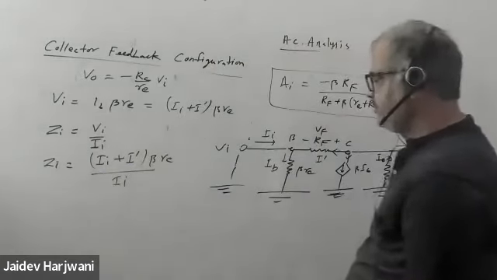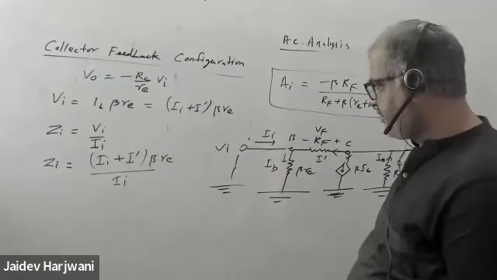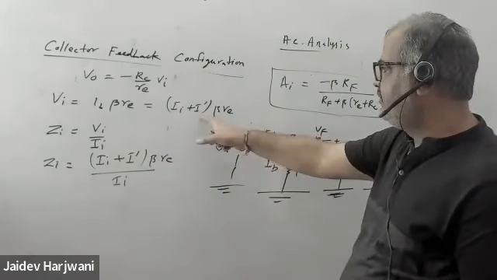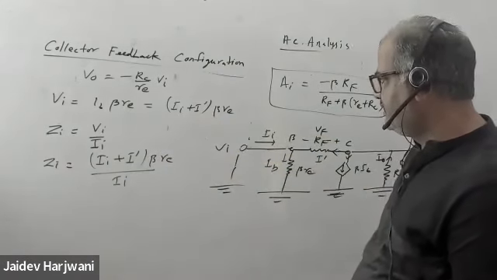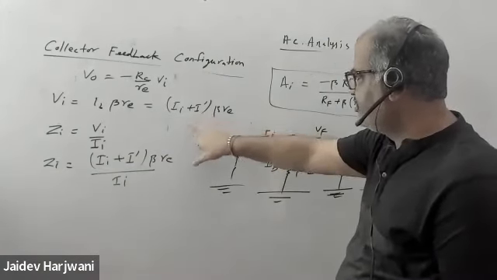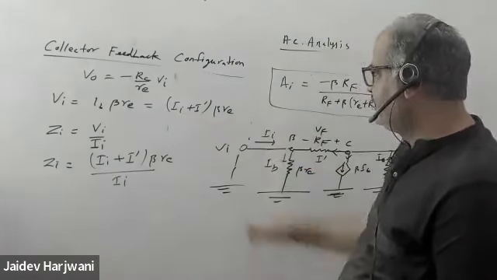So you need to first find the value of I dash. Once you know I dash, you can put it here, bring it in terms of the input current, and then calculate ZI. So what is I dash basically?